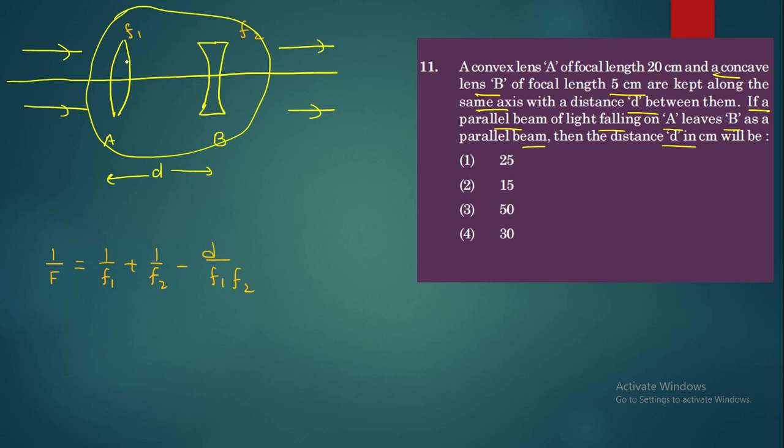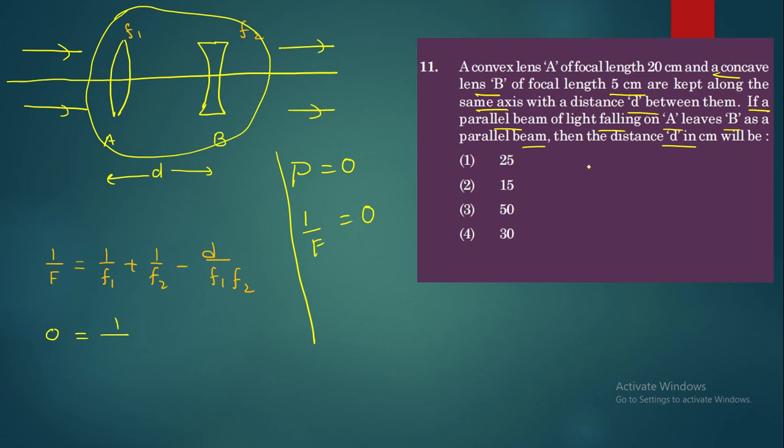So the converging effect of the convex lens is being cancelled by the diverging effect of the concave lens, which means the combined power is 0. If the combined power is 0, 1 by f is 0. So this 1 by f has to be 0.